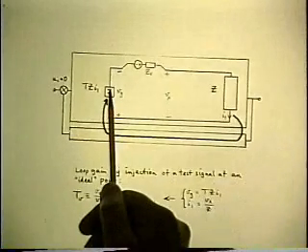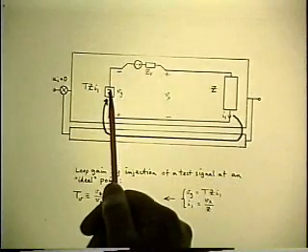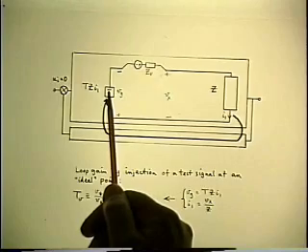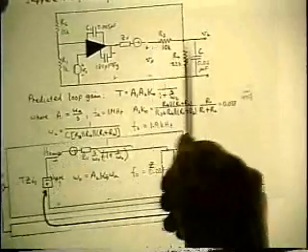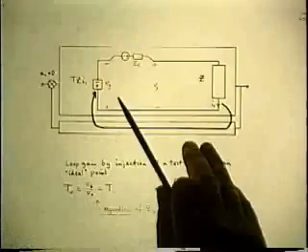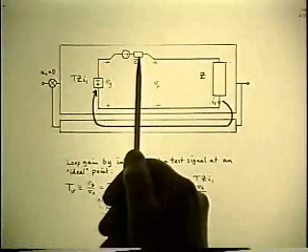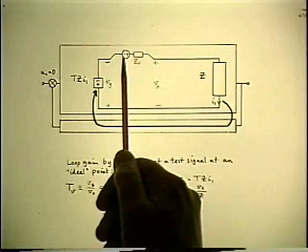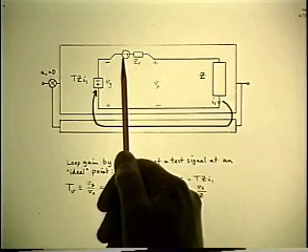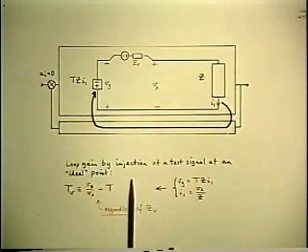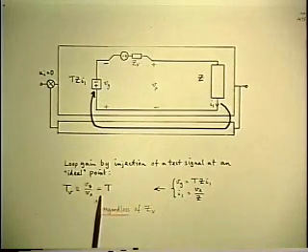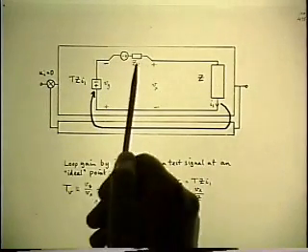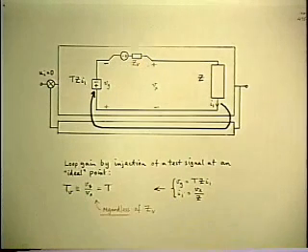This is the output of the op-amp, which I've already chosen as being close enough to an ideal point. This is the impedance that it's all looking into, which is at least 10K. This is the extra 10K I put in to stabilize it, and this is the clip-on current probe. And I've already shown that by measuring Vy over Vx, I get the right answer for the loop gain independently of whatever that extra impedance was.